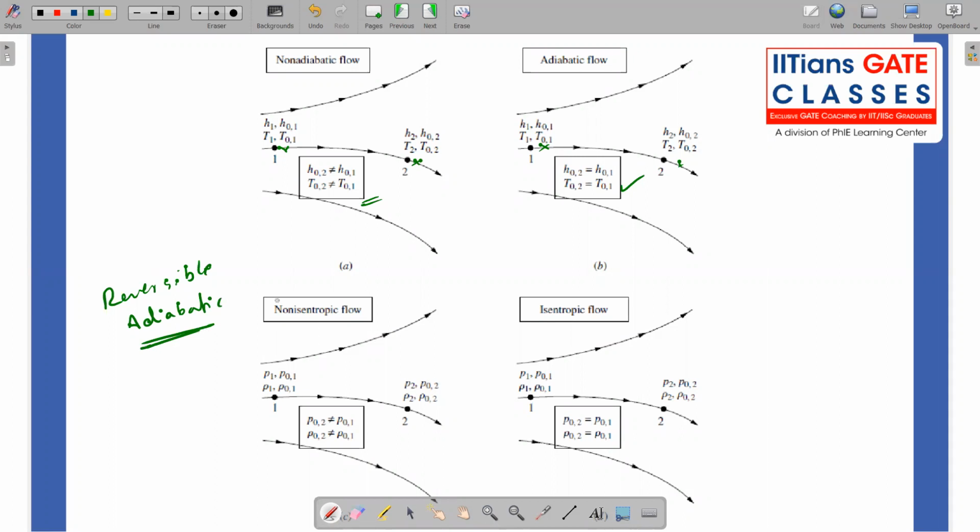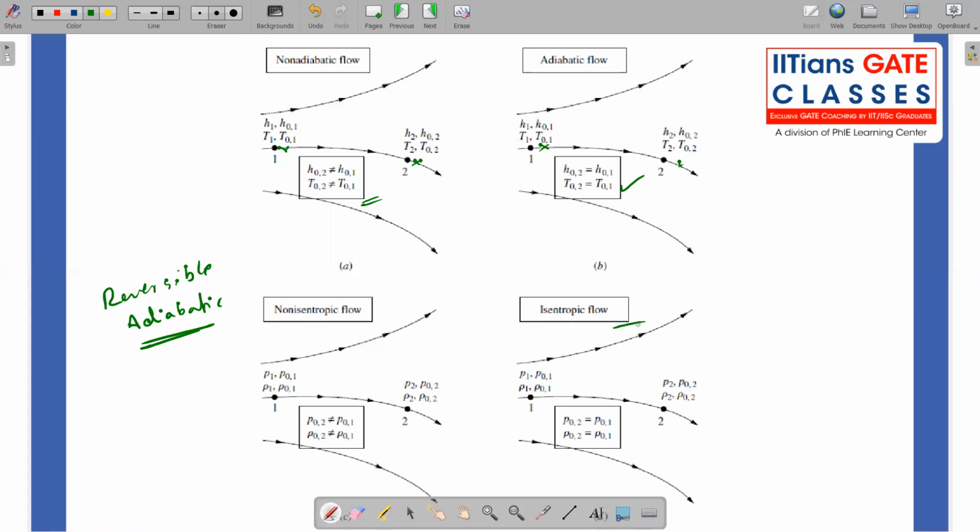We didn't consider whether it is reversible or irreversible. We took that as an irreversible process and started off with it. So it is fine to define a stagnation enthalpy for an irreversible adiabatic process, but to define a stagnation pressure or stagnation density, it has to be reversible and adiabatic.